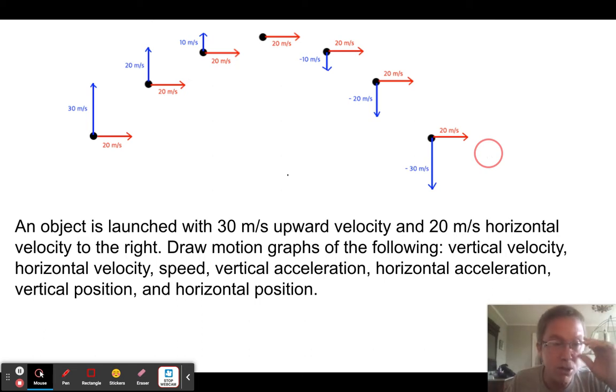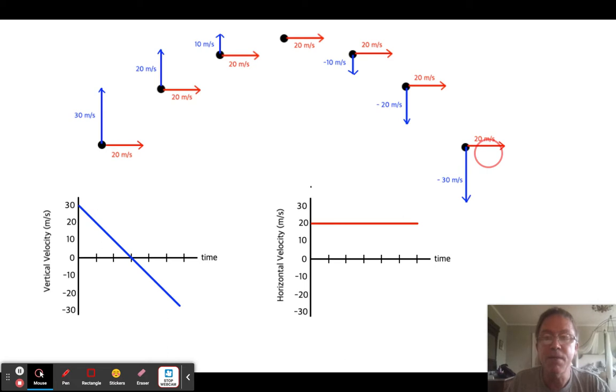So let's try drawing motion graphs to see if we can really wrap our head around this. Let's start off with velocity graphs for the two of them. Let's do the vertical velocity. The vertical velocity starts off at 30 meters per second in the positive direction, so I have positive 30, and it's going to diminish 10 meters per second every second. So I'm going to get a negative slope of 10 meters per second squared.